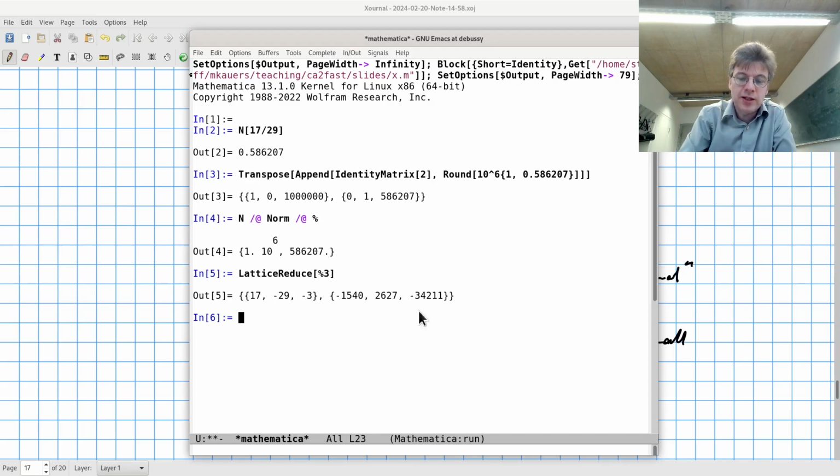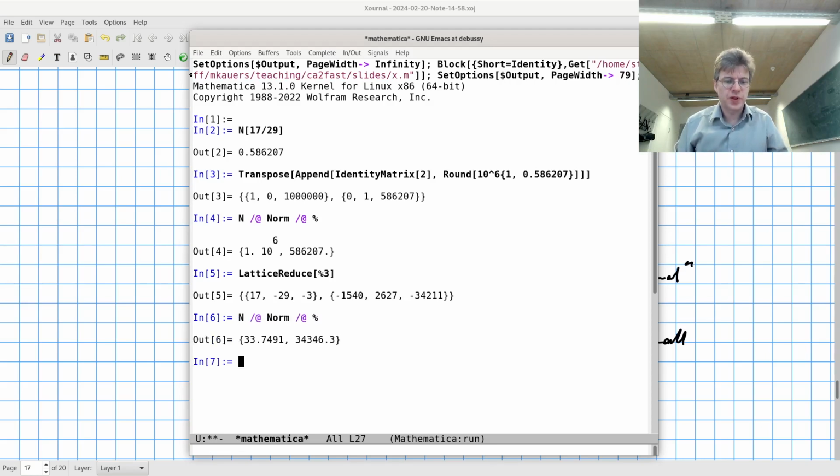And you see here another vector. Well, you get a basis, so you get two vectors, but this vector is much longer than this one, and so you don't expect it to have any meaning. But what you will look for is a situation like here, where one vector is much shorter than the other ones, and then that doesn't prove anything.